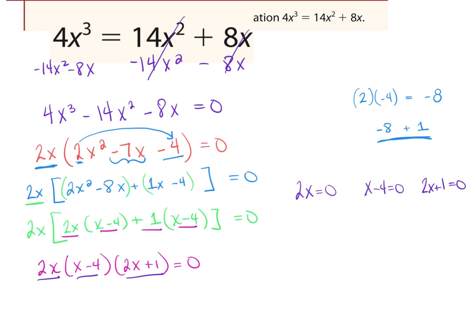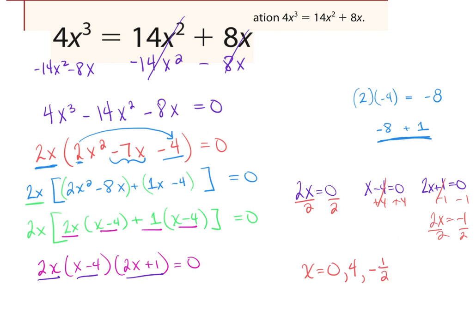And then I'm going to solve. This guy, divide both sides by 2. x will equal what? 0. Next one, add 4. From this one, x is going to equal 4. Here I'm going to subtract 1. I have 2x equals negative 1. Then I'm going to divide by 2. So x equals negative 1/2.